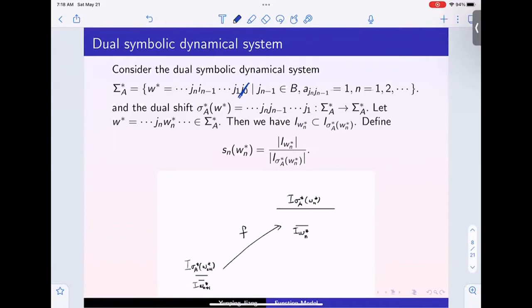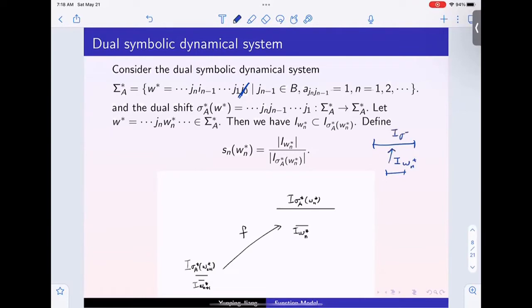As we know, if we knock off the rightmost one, then we get an upper interval. So that is W_n star. Then you knock off this one, and you get I_{W_n star}.